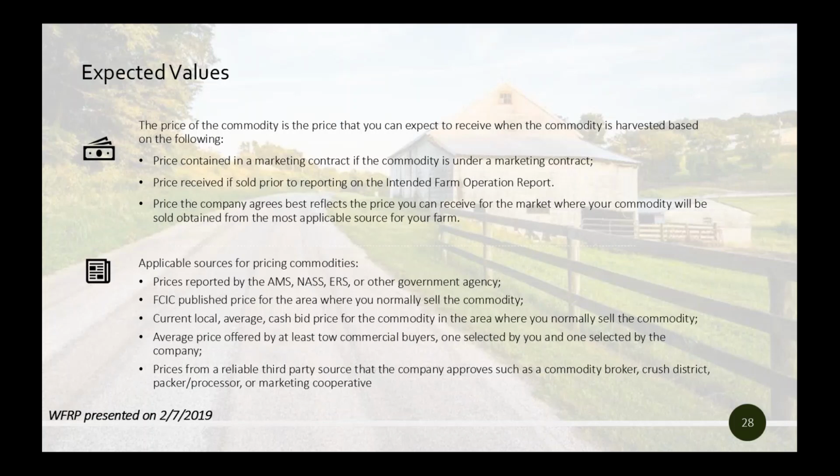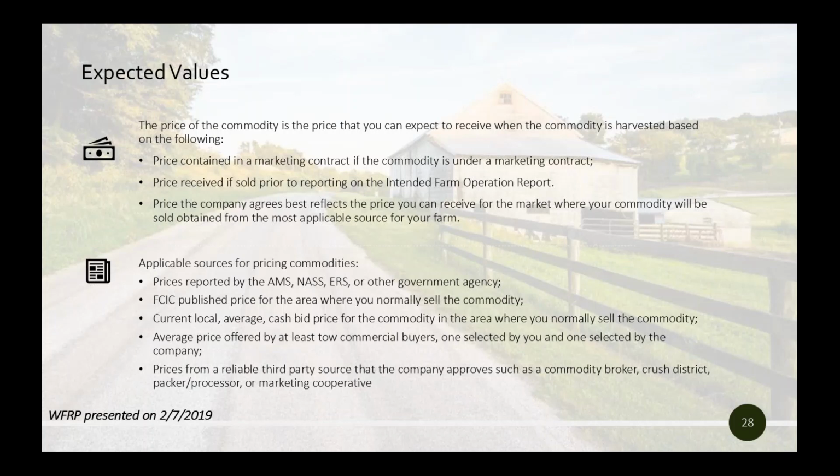Well, if you sell the commodity prior to the intended farm operation report, we're going to use that for inventory purposes. So for example, you have a commodity that you sell in February, you don't put your farm operation report in until March. Well, we know we've got a known quantity, we have a known price, so that just stands to reason.